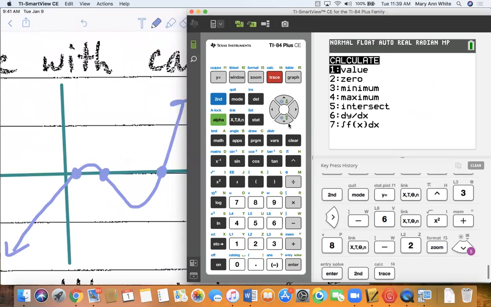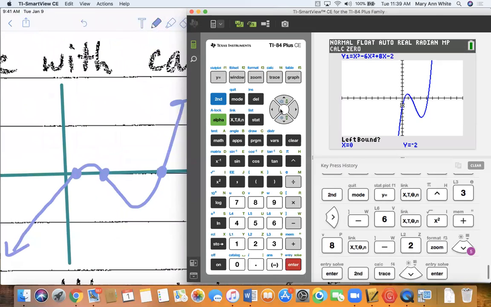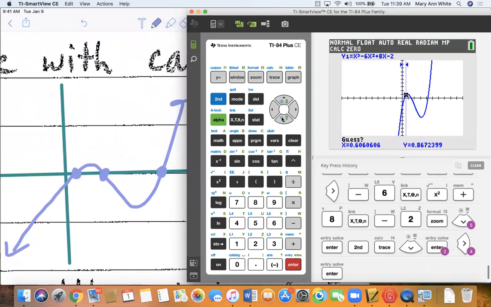So second trace, zero. Sorry, I'm just kind of speed doing zeros. If you don't know how to do zeros at this point, please let me know, because I'm assuming you know how to do it. So I've got a zero at 0.32.